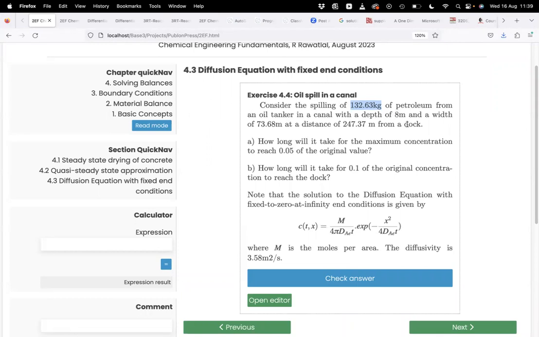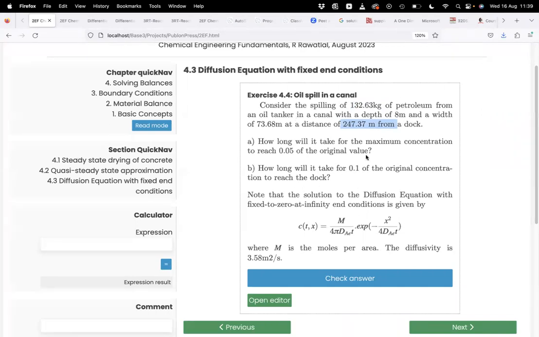The canal has a depth of 8 meters and a width of 73.68 meters, and it's 247 meters away from the dock. How long will it take for the maximum concentration to reach 5% of the original value? How long will it take for 10% of the original concentration to reach the dock?